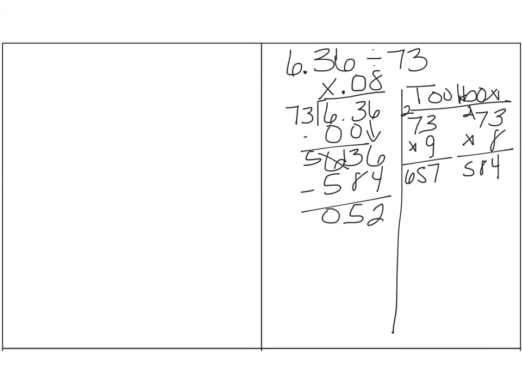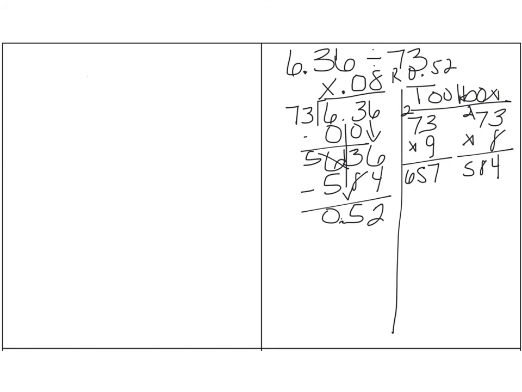In this example, we're not going to keep solving because it'll never be an even decimal. So my remainder isn't 52, it's 52 hundredths, because now my decimal can be brought down. So my remainder is 0 and 52 hundredths.